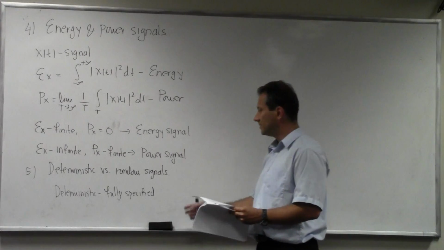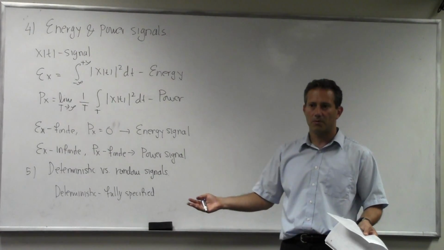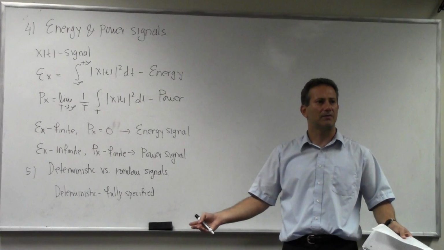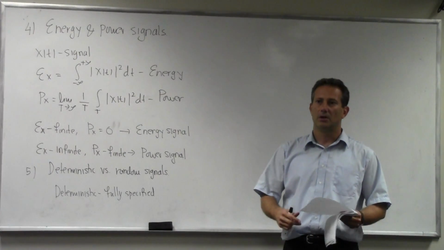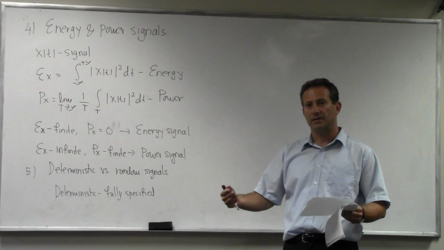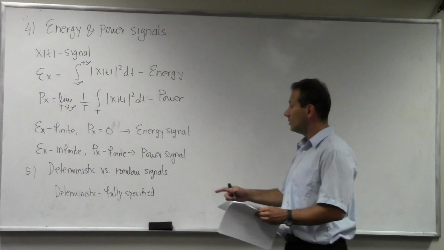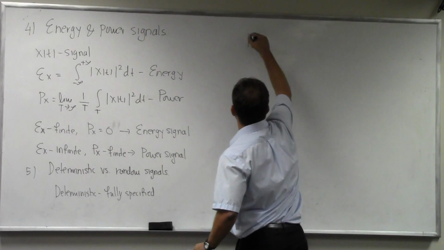And as I said, you can specify it using a formula, using a graph, using a table, whatever may be the means. But give me the time, and I can tell you exactly what the signal value is at any given time. On the opposite end of the spectrum are the random signals.